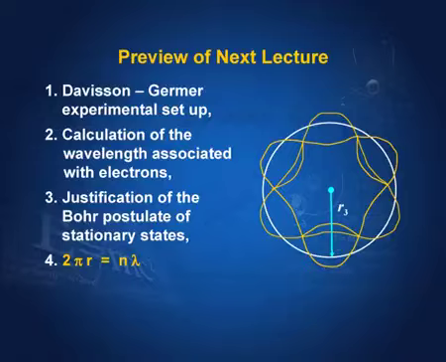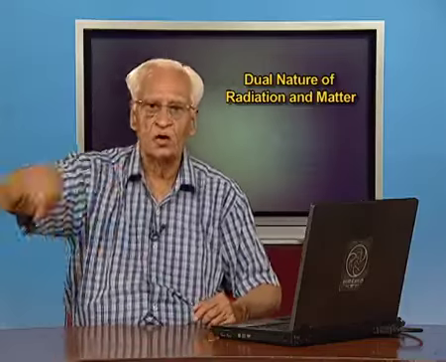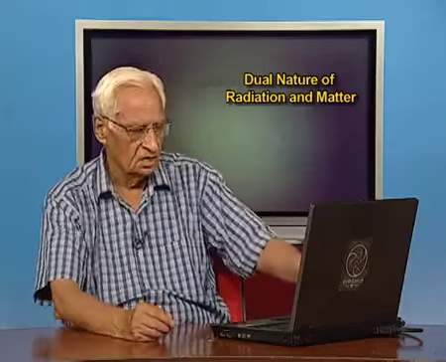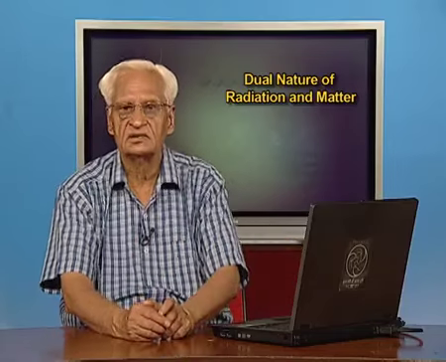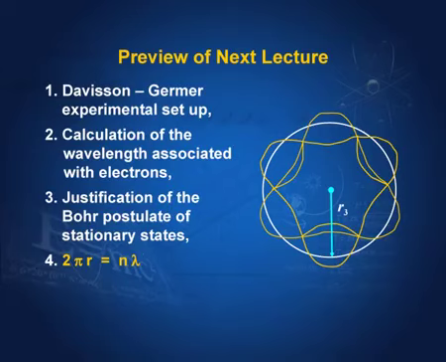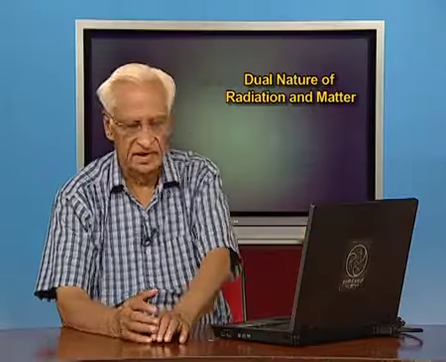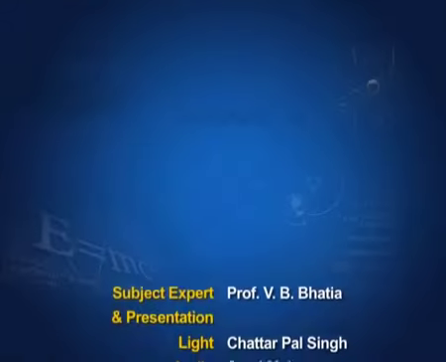And we shall derive the relation that in the nth orbit of the electron, the circumference is equal to n times lambda, where lambda is the electron de Broglie wavelength.